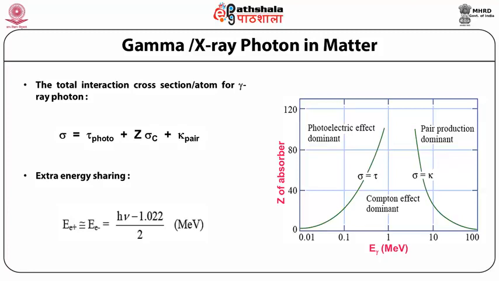You can see that when gamma ray photon energy is less than around 200 keV or so, photoelectric effect is the dominant process. But as the energy increases, the Compton effect is more probable as compared to photoelectric effect, and as the energy increases beyond 1.02 MeV, we can clearly see that pair production is the dominant process.